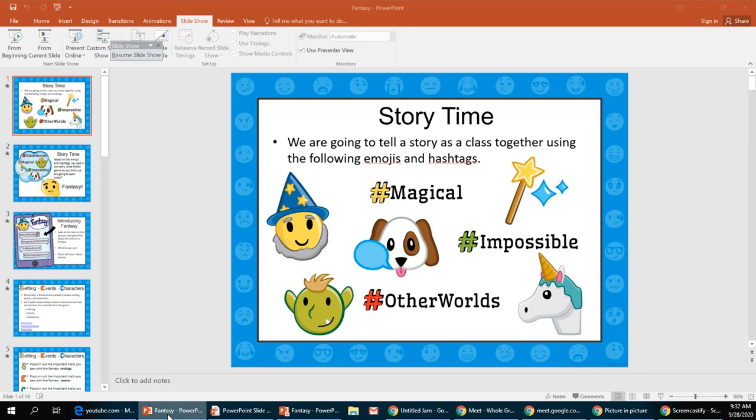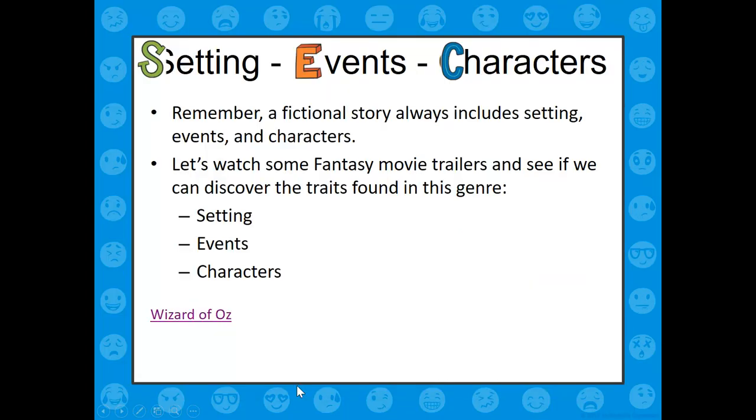It'll pull up. All right. Well, who has seen Wizard of Oz? Okay. Some people. All right. So what was the setting of the Wizard of Oz?